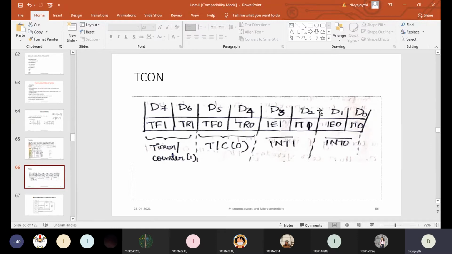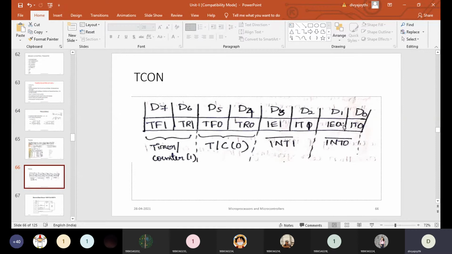So here they will be executed in low level triggering if the value is zero. And if D0 and D2 values are 1, then those interrupts are executed at negative edge triggering.